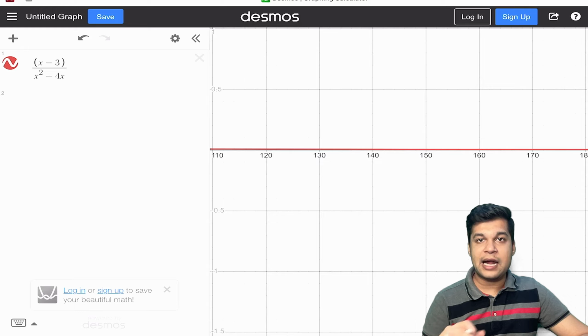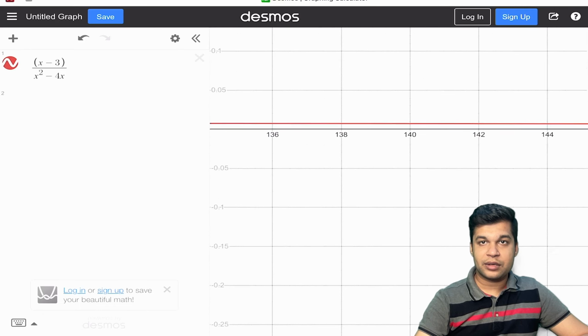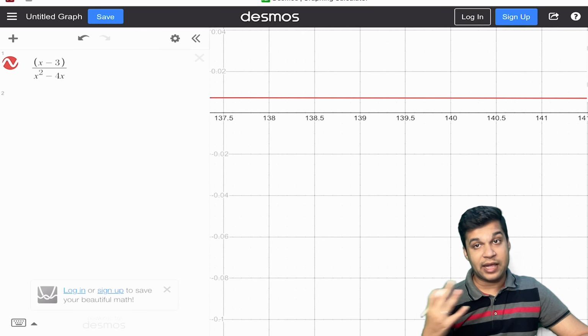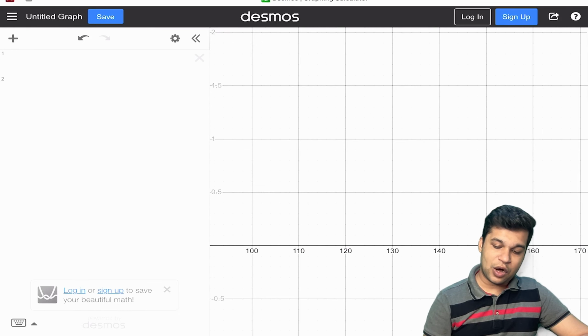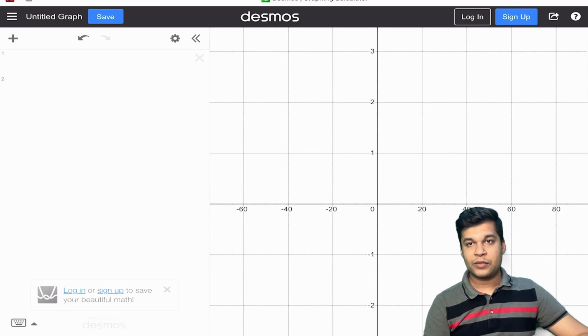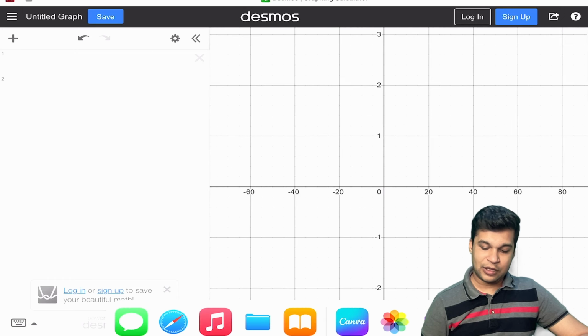Now you will say that at x equal to 140 they have touched, but if I zoom in, observe 140, it hasn't touched the x-axis. So always remember, whenever the degree of numerator is lesser than the degree of denominator, the horizontal asymptote is the x-axis.